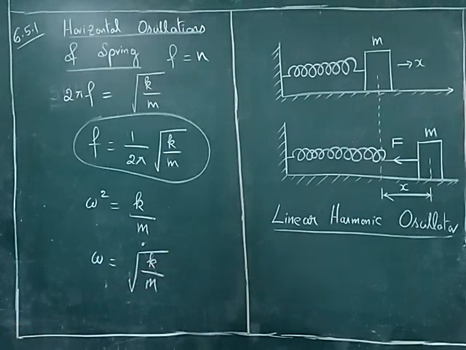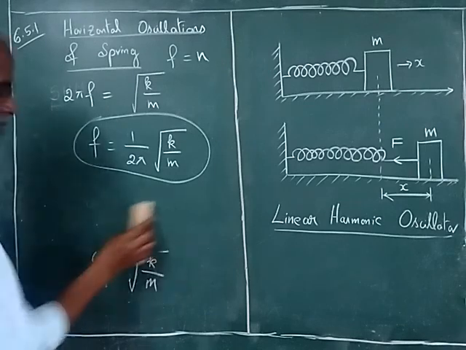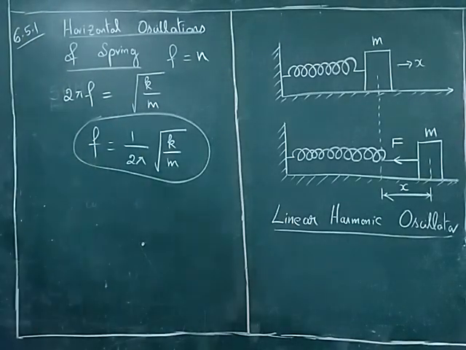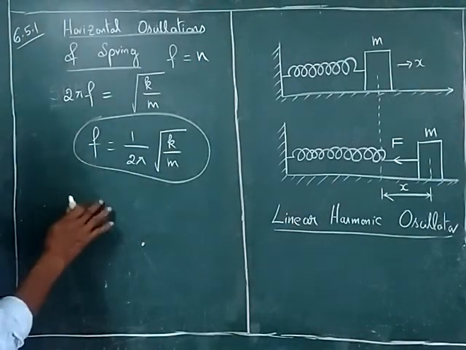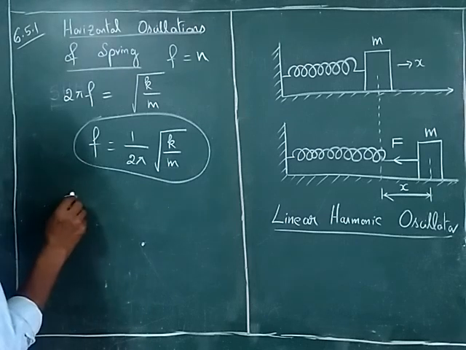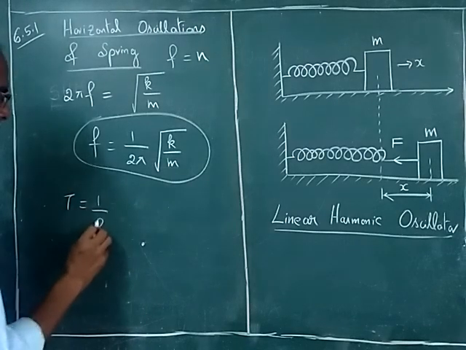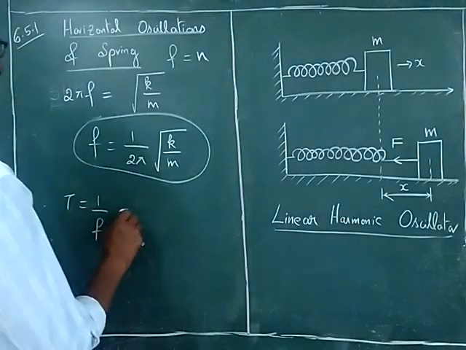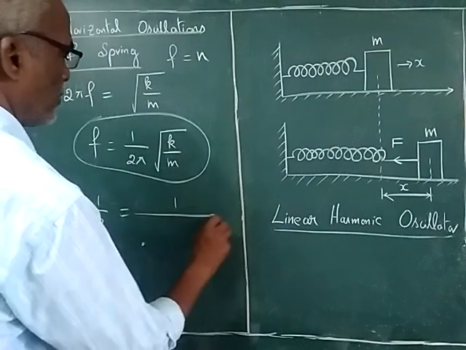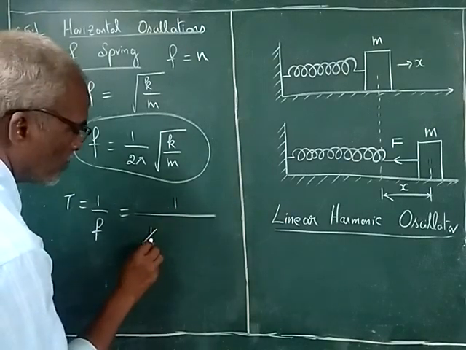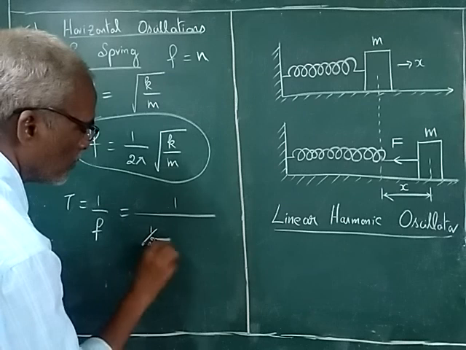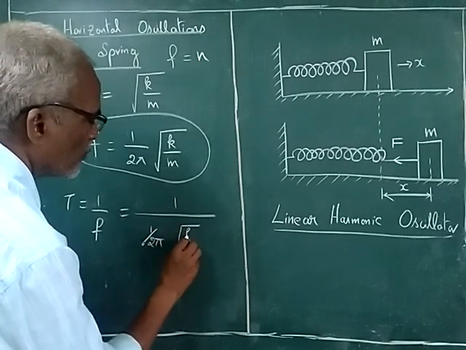Now if we are interested in finding the time period, we have the well-known relation between frequency and time period: T is equal to 1 by f. This is equal to 1 divided by 1 by 2 pi square root of k by m.